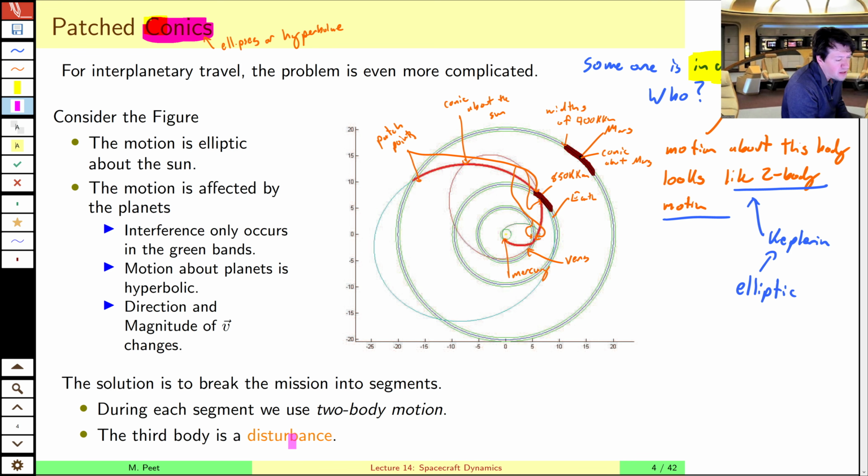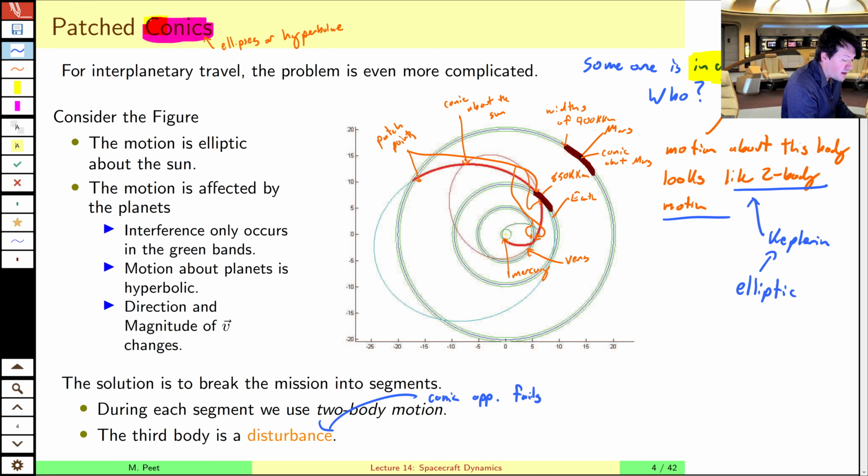So basically, the patch points occur when the Keplerian motion fails. The conic approximation fails. And when does that happen? Well, remember in the last lecture we talked about disturbances to the orbit. Those disturbances were approximated as just changes in our orbital elements, assuming that the motion of the spacecraft is a conic or is elliptical.